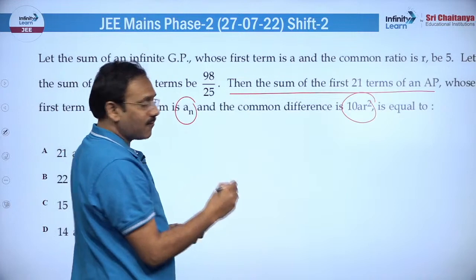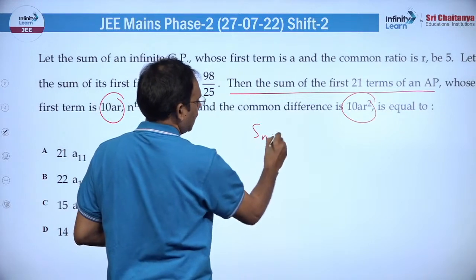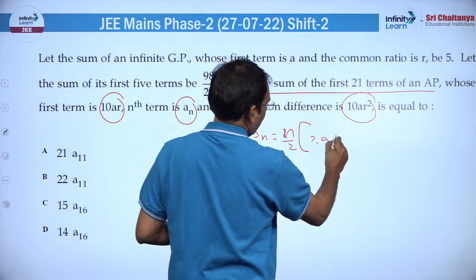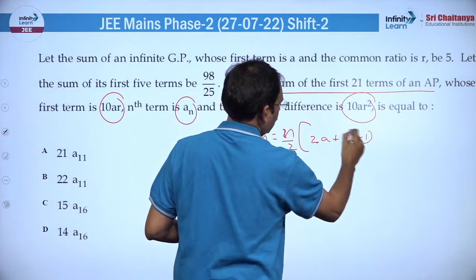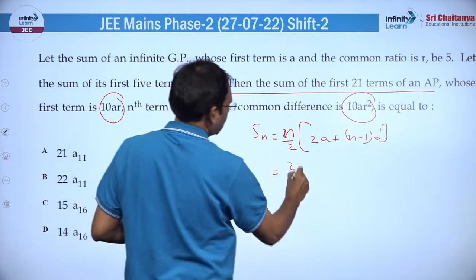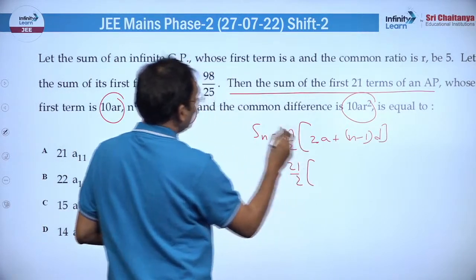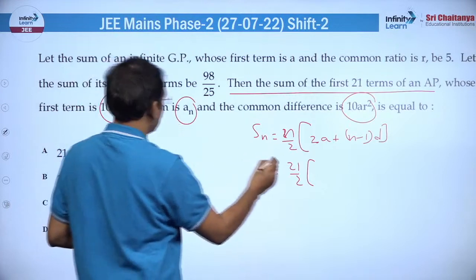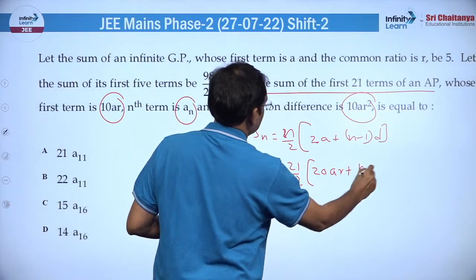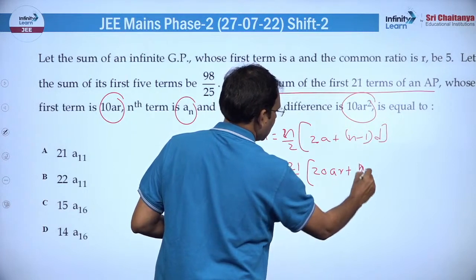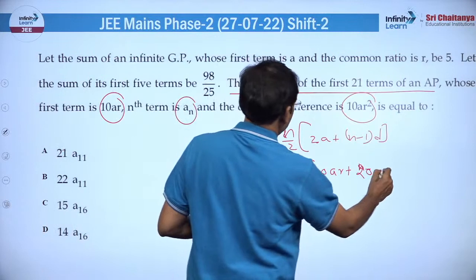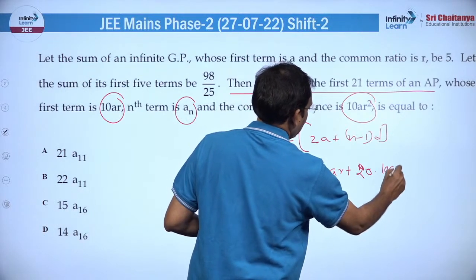You see, the sum of n terms formula Sn is n by 2 into 2a plus n minus 1 into d, you know it. You just apply it. There are 21 terms, so 21 by 2, 2a stands for 20 AR, plus n minus 1, that is 20 because the number of terms is 21, into d which is 10 AR square.